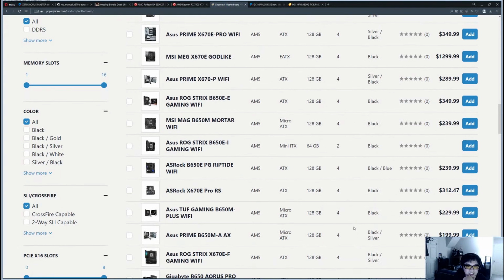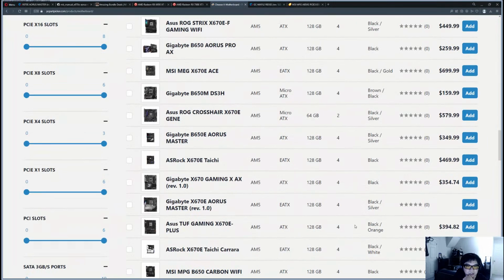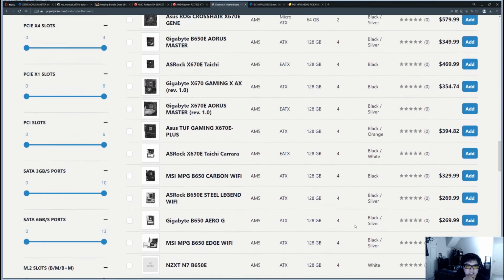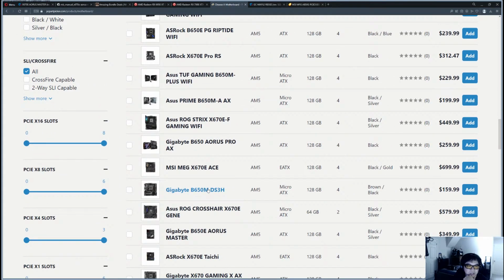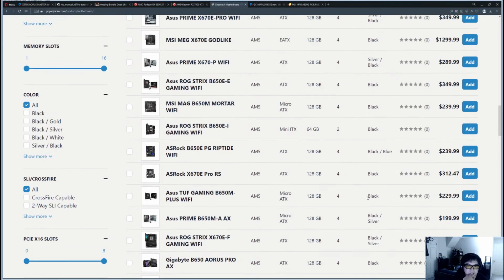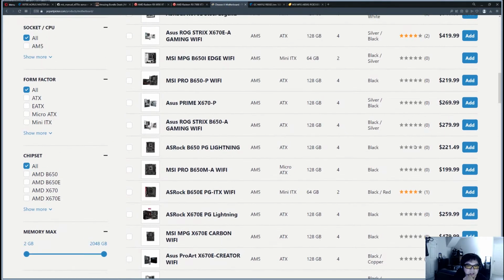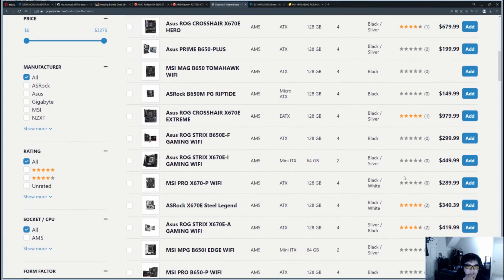Well, that's 219. There was one that was like the Asus Prime. I think there was the Asus Prime that was up there, but it was like 160. Oh wait, 150. But that's M-ATX. So if we're talking full ATX, the B650 Pro from ASRock, or the Asus, there was an Asus board, I think it was the Prime.